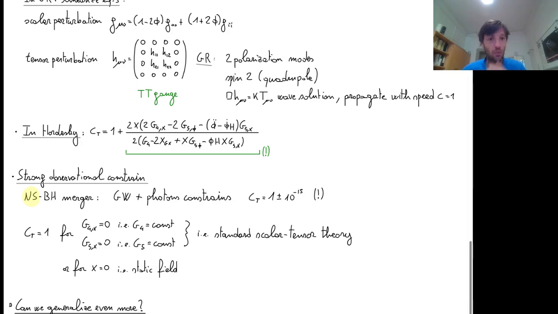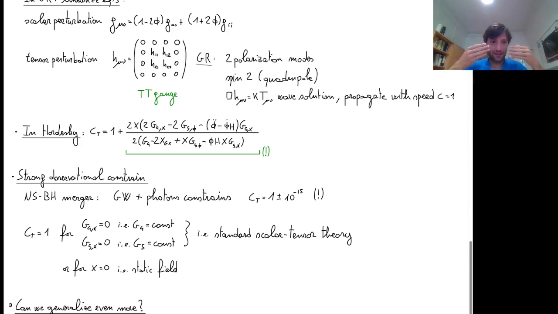Whereas if you have a neutron star black hole merger, you have a neutron star that in the process of getting merged can emit radiation, because the result is not embedded in an event horizon and radiation is free to travel. Therefore, during this event, you are going to have the simultaneous emission of a gravitational wave and of photons.